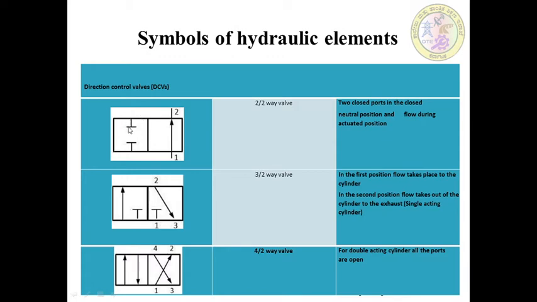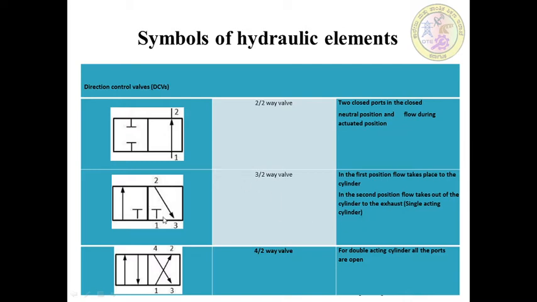Initially they are in neutral position, one is closed, either on or off condition is maintained. So this is known as the 2 by 2 valve. A 3 by 2 valve means in the first position flow takes place to the cylinder, in the second position flow goes out of the cylinder to the exhaust, in a single acting cylinder.